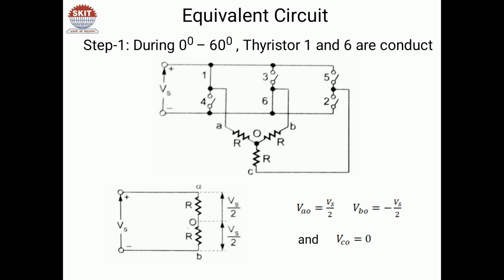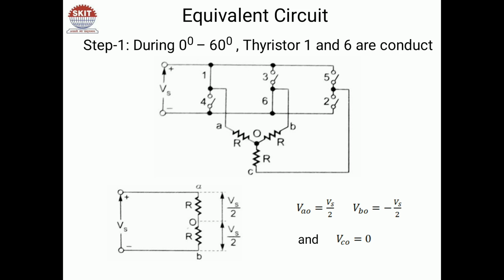In this duration, SCR 1 and SCR 6 are conducting, and we observe that only 2 SCRs are conducting simultaneously in the whole cycle, because from the third leg, or leg C, nothing will conduct. So at a time only 2 SCRs are in conduction.